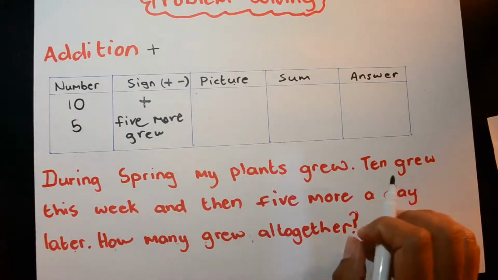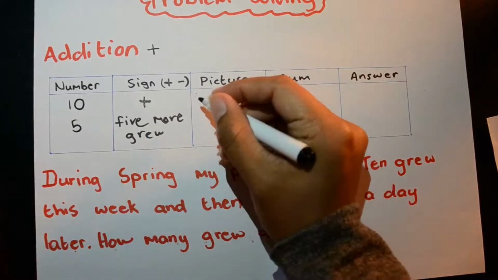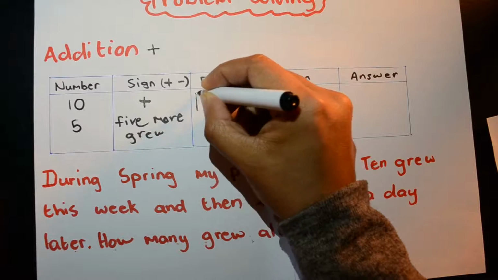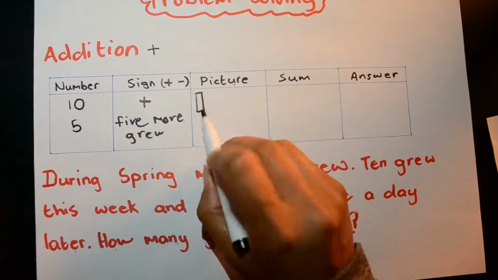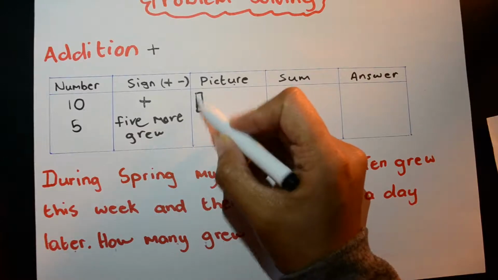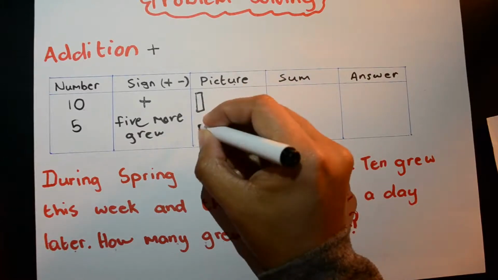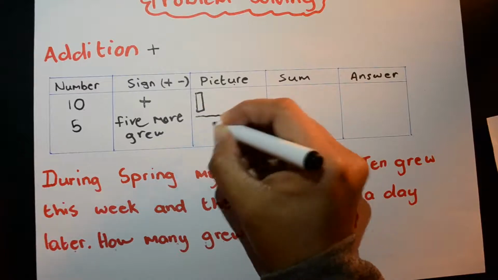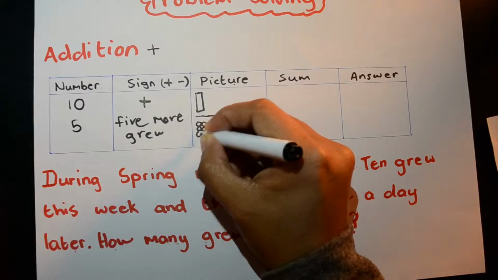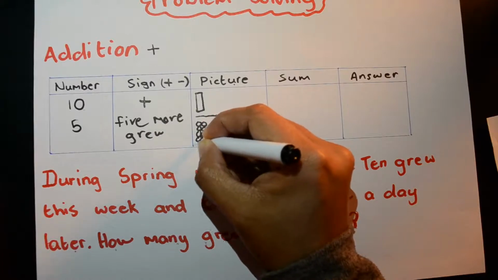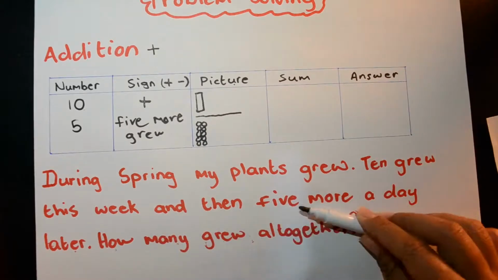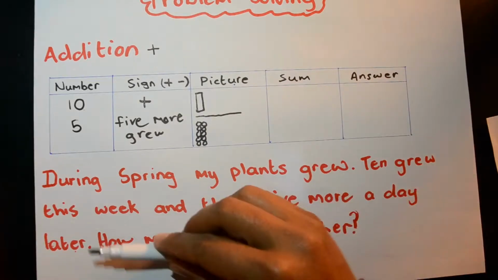So here it says 10 grew this week. So I'm just going to draw my 10. Here's my 10. Remember I know that that is 10 in there. If you're still struggling to remember that this is 10, then I'm just going to draw a line like that, then you can draw it like this. So 1, 2, 3, 4, 5, 6, 7, 8, 9, 10. Then it says, and then 5 more a day later.